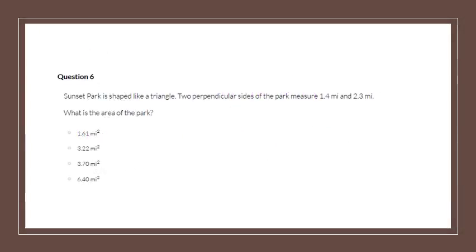Okay, Sunset Park is shaped like a triangle. Two perpendicular sides of the park measure 1.4 and 2.3 miles. So what is the area?